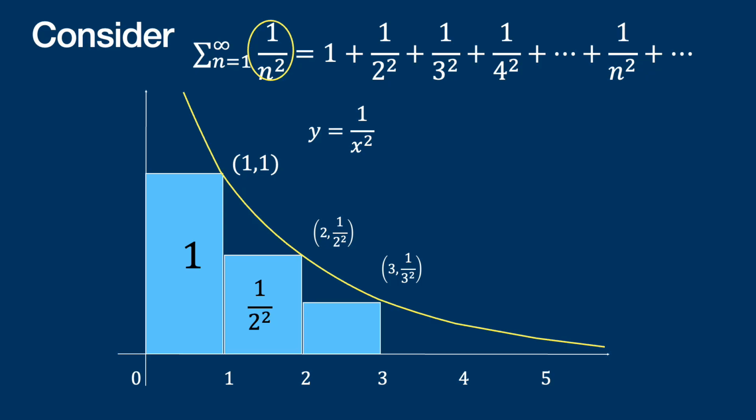Base is going to be 1, height is going to be 1 over 3 squared, area is going to be 1 over 3 squared. So that's the third term. And so on. That's how I draw the area of each rectangle right there. Fourth rectangle, you find the area 1 over 4 squared. Fifth rectangle, 1 over 5 squared. What kind of relation is there between this area and the area below the curve?